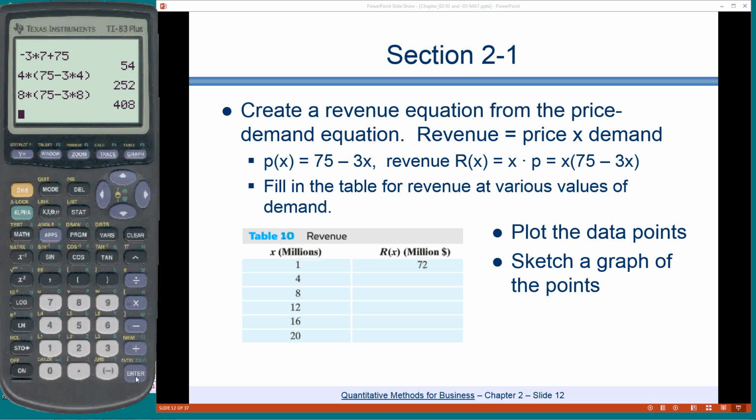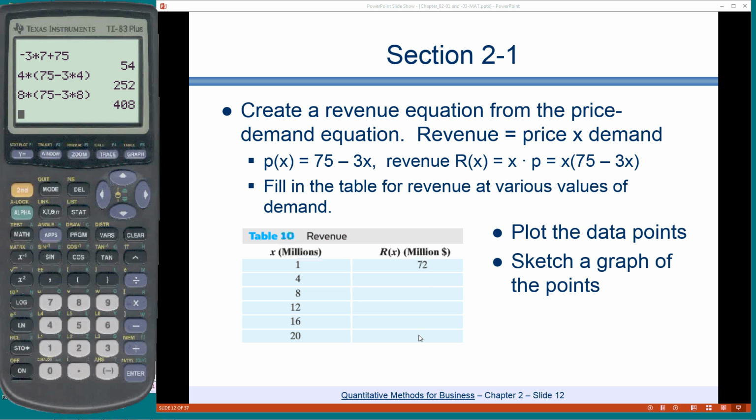And it's $408 million revenue. That's how much money is going to come in if I sell 8 million units at whatever the price is going to end up being based on my price demand equation.